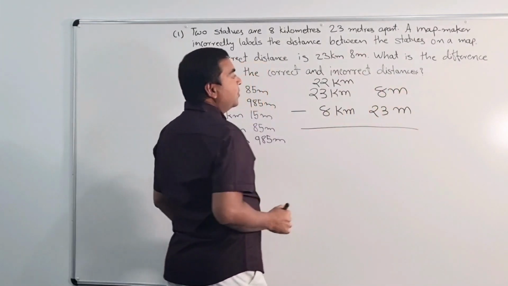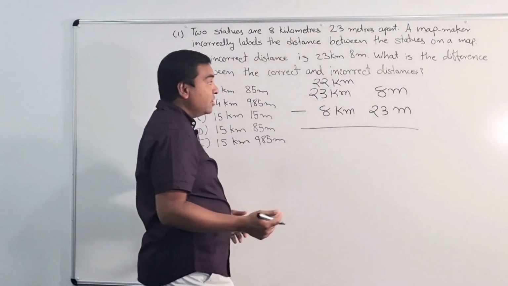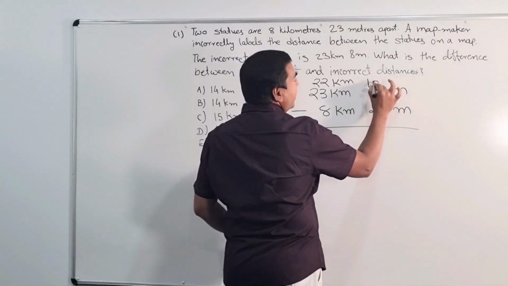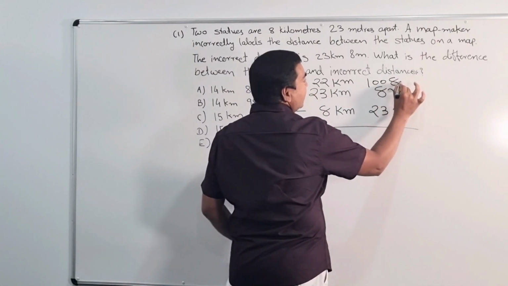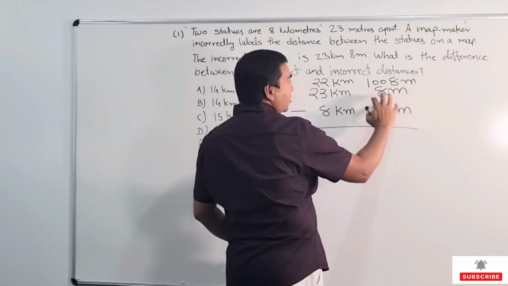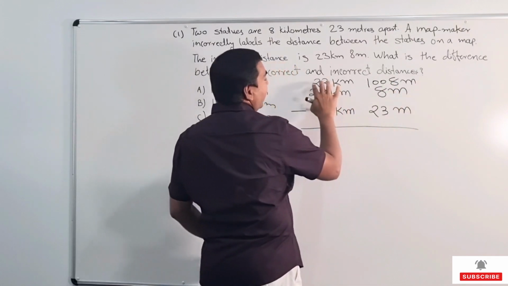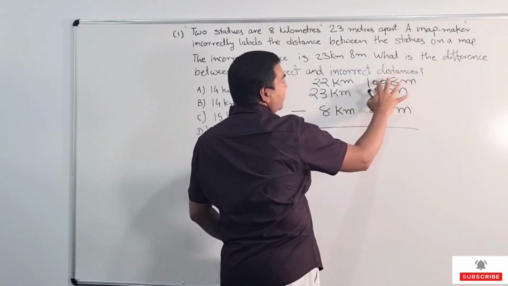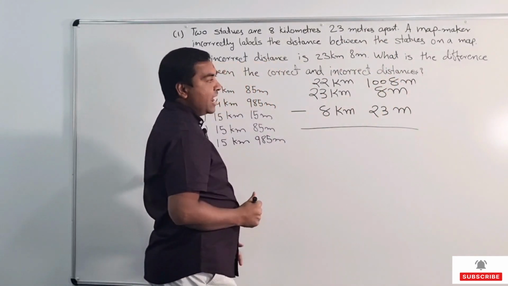Extra 1 kilometer is a 1000 meter. So 1000 plus 8 is going to be 1008 meter. Because I was unable to do it directly, I'm changing that to 22 kilometer, which is giving 1000 meter here. So 1008 meter.